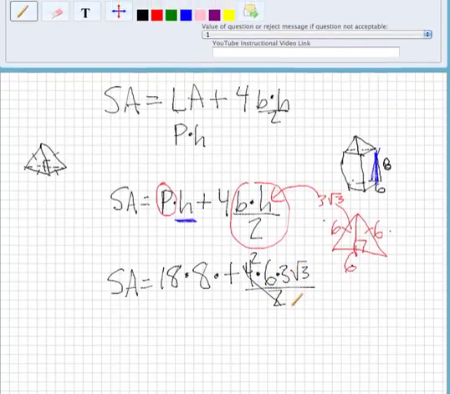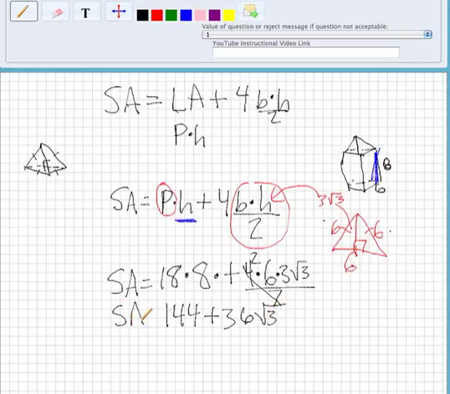So 18 times 8 equals 144. Plus, so this is going to be 6 times 2 times 3 times the root of 3. That's going to be 36 rad 3.